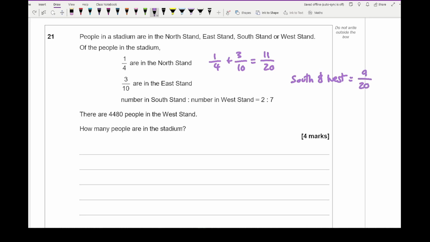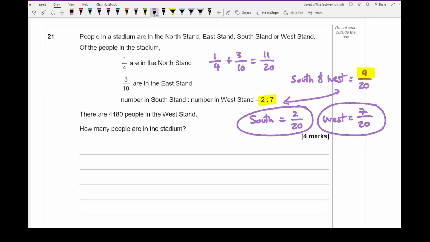Now, if I treat this as parts, I notice that my fraction here is 9 and these two numbers here add up to 9. So combining these, the south stand equals 2/20 and the west stand is going to equal 7 over 20.